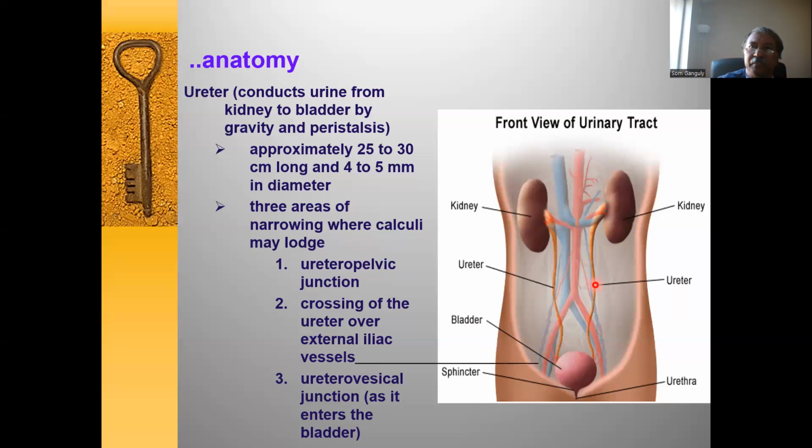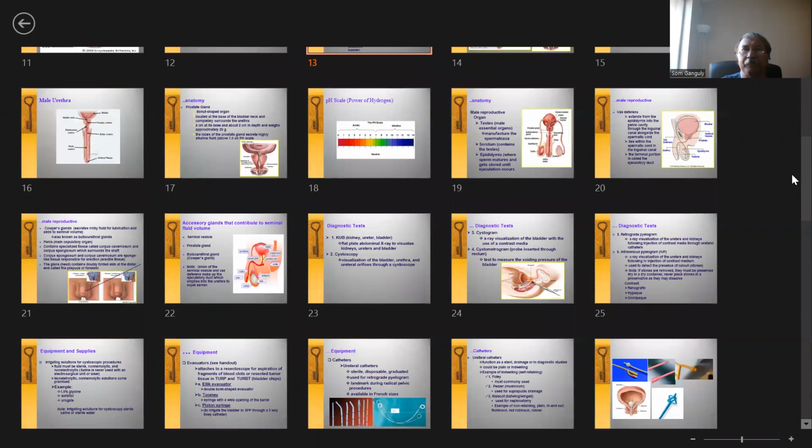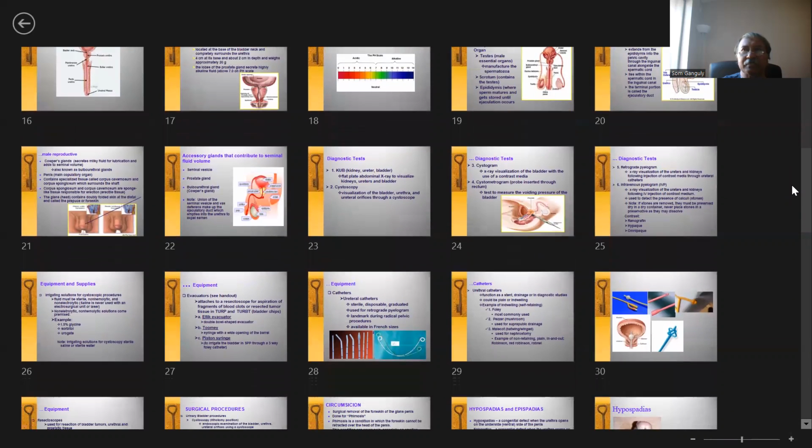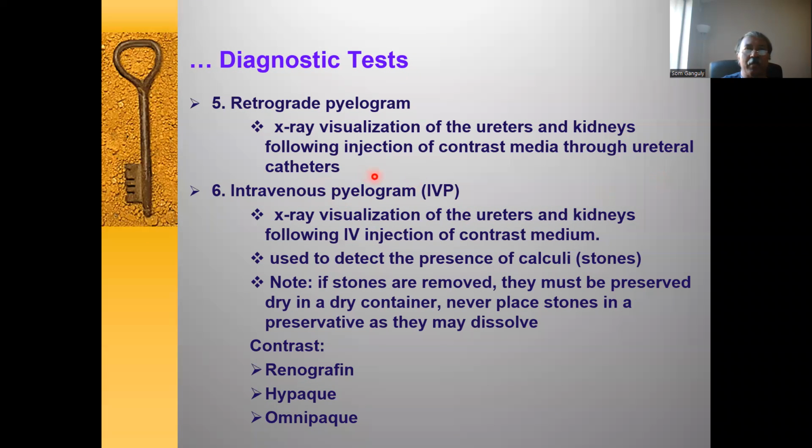It's going to show up as a dark substance. And the surgeon will know where the stone is. So that is a very, very important diagnostic test called retrograde pyelogram.